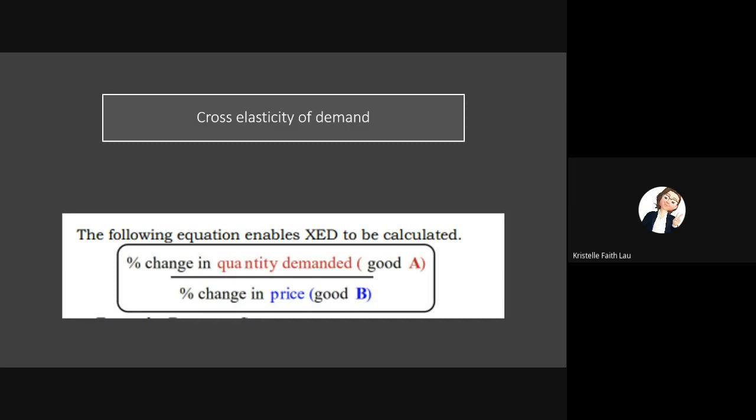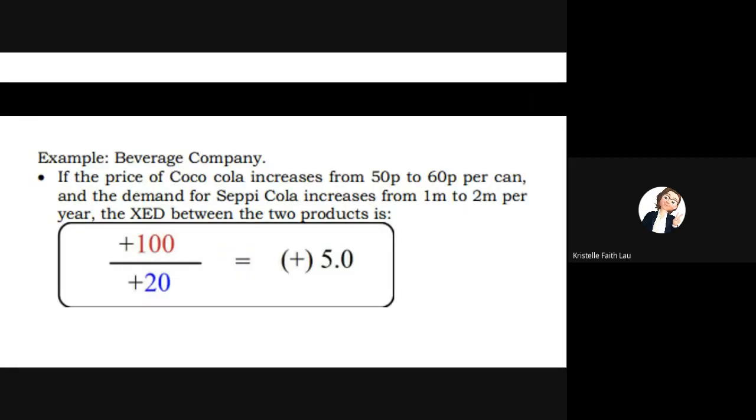It is calculated using the percentage change in quantity demand for good A and the percentage change in the price of good B. Dito dalawa lang yung choices natin: it's either substitute ang products na A and B or complementary type silang dalawa. Later on, I will further discuss kung ano yung substitute and complementary. For now, let's proceed sa example to better understand the equation.